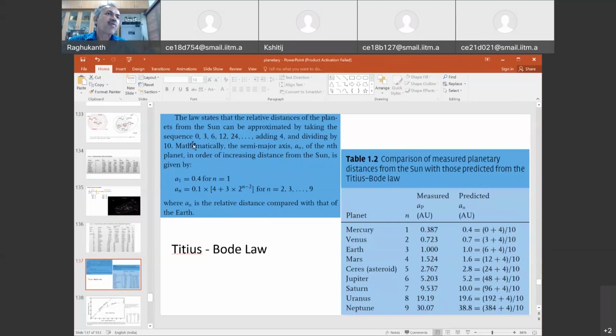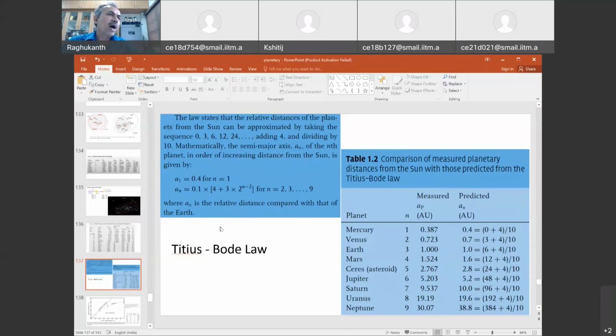So the first number starts with 0. 0 plus 4 divided by 10 means 0.4. Then the next one: 3 plus 4 is 7, 7 by 10 is 0.7, the next planet. Then the third one: 6 plus 4 is 10, 10 by 10 is 1, so that comes for the Earth itself. Similarly you can find out the rest.